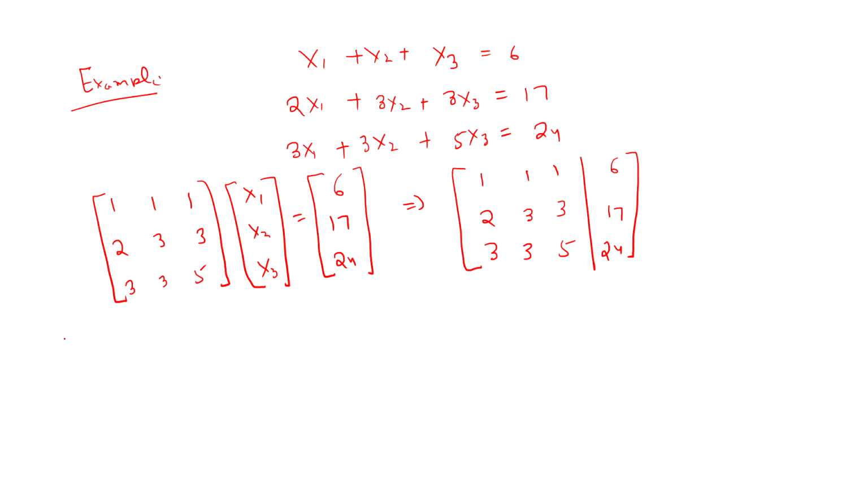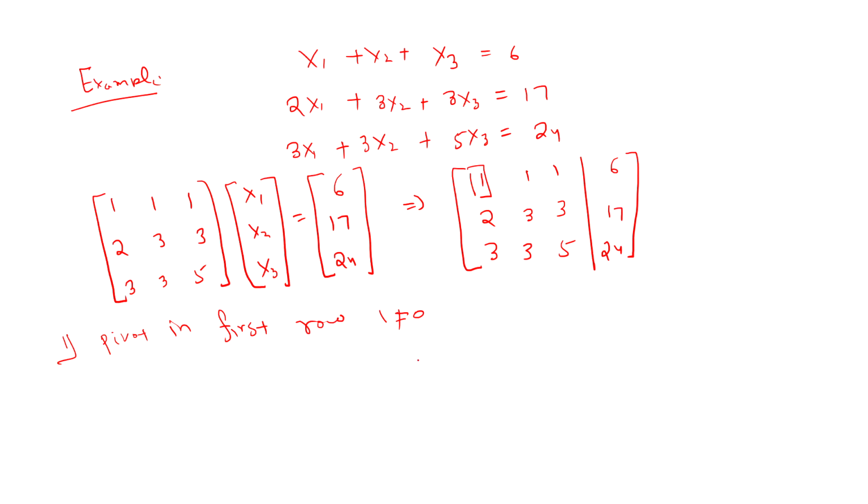So the first step is the pivot in the first row, that is 1. So here is my pivot, and as we can see, this is not equal to 0.